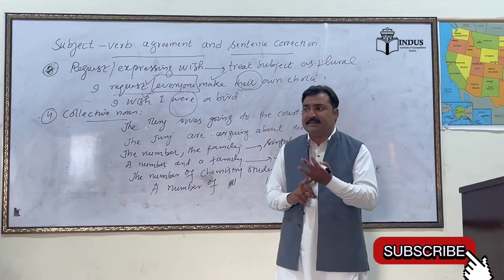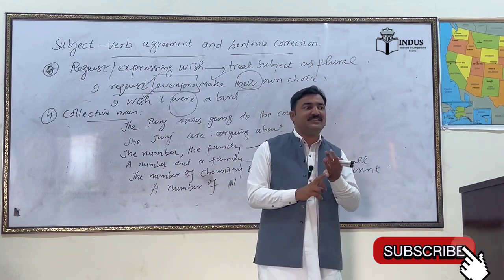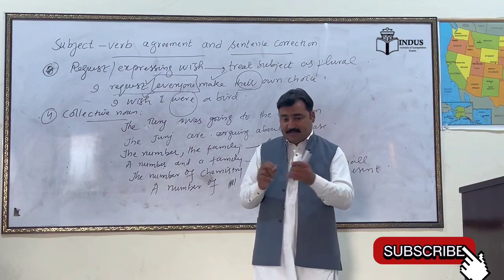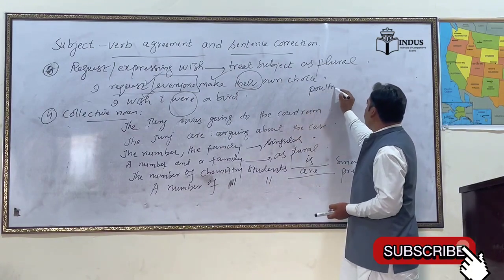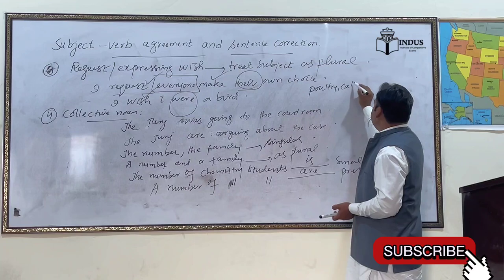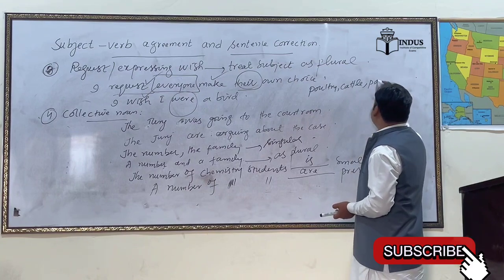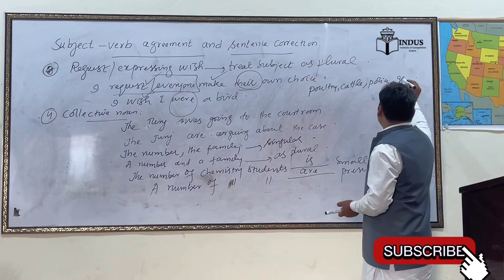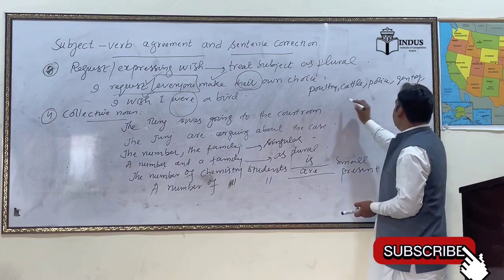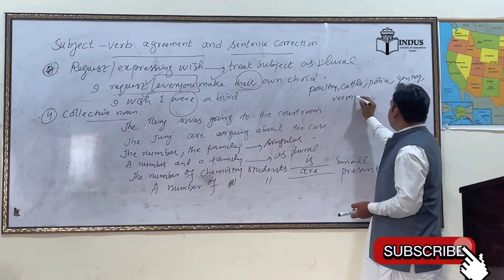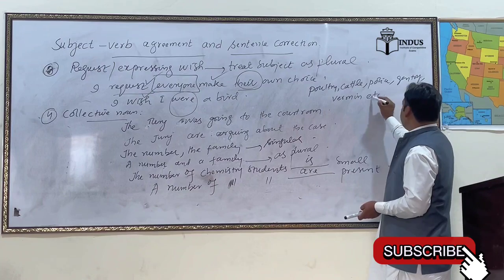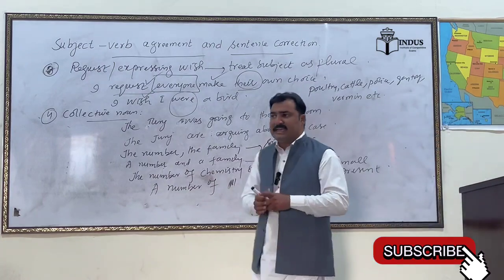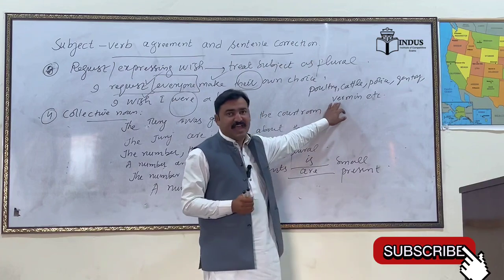There are certain collective nouns that are always treated as plural. That are poultry, cattle, police, gentry, vermin, etc. These collective nouns are always treated as plural.